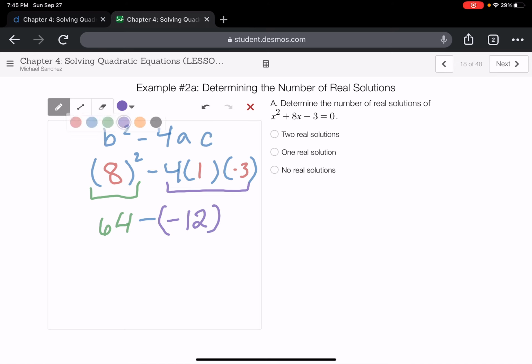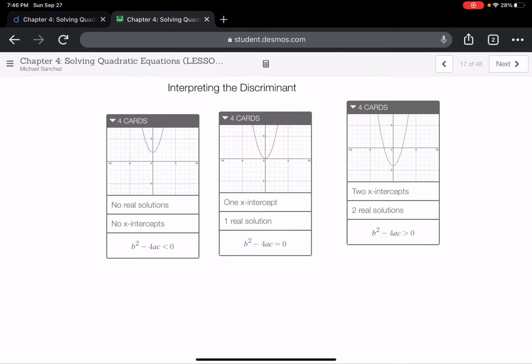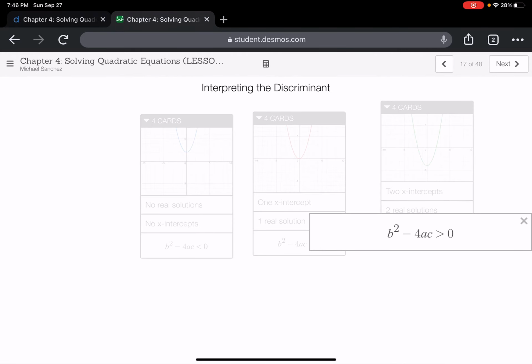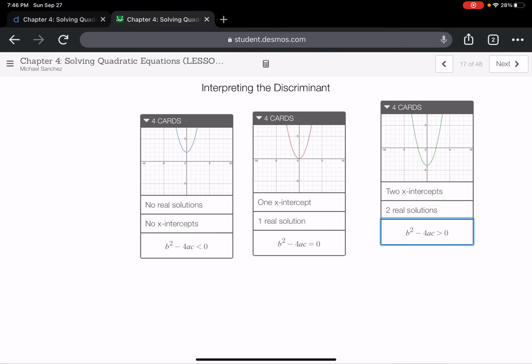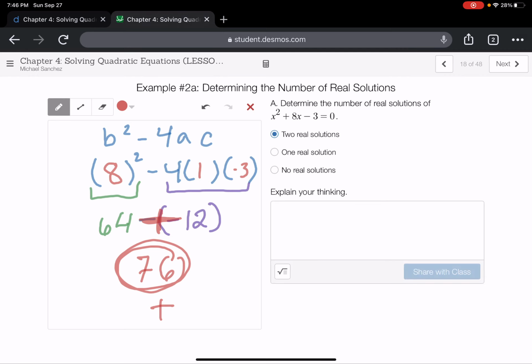Then I have a negative and a negative, so this becomes a positive. So this becomes 64 plus 12, which is 76. Because this is positive, or greater than 0, this quadratic equation is going to have 2 real solutions because the discriminant is positive.